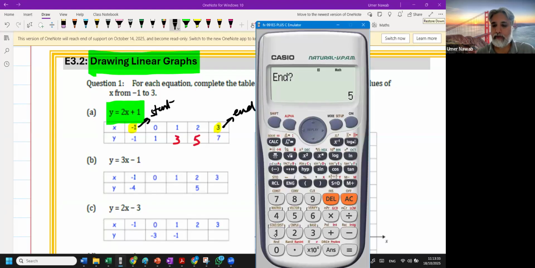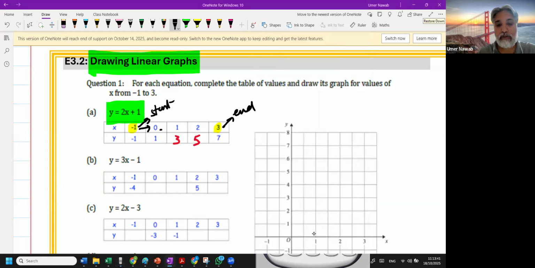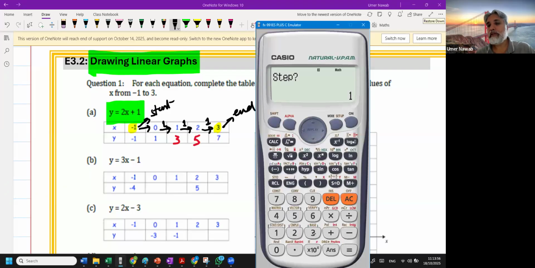So I press 3 and equal sign. Now, this point is to be noted. Step. Step means from -1 to 0, 0 to 1, 1 to 2, 2 to 3. How much difference is involved? So each time, the step is 1. So you need to write a step of 1. Mostly, we put the step 1. Now press the equal sign.